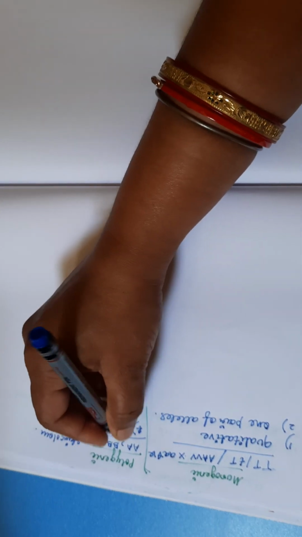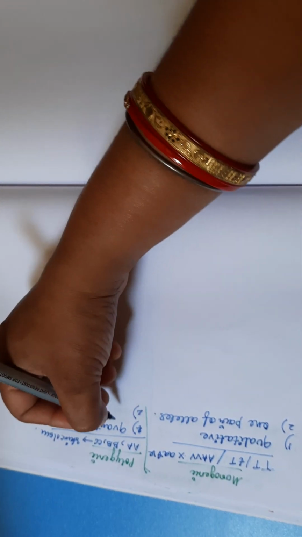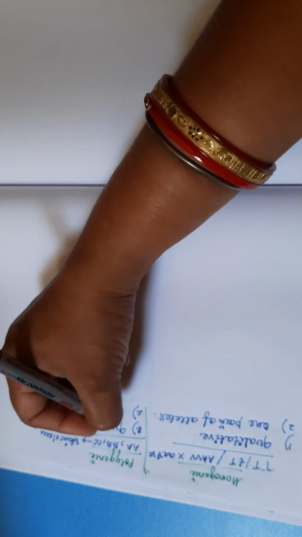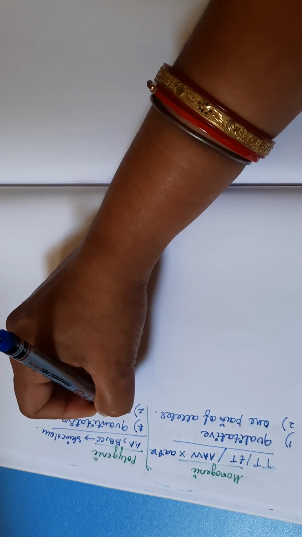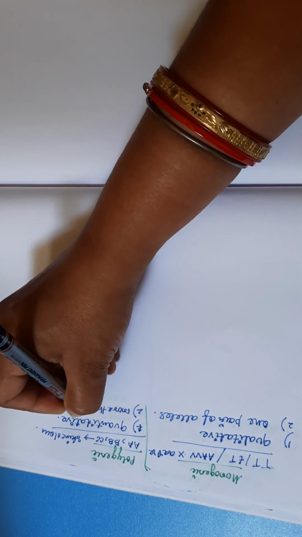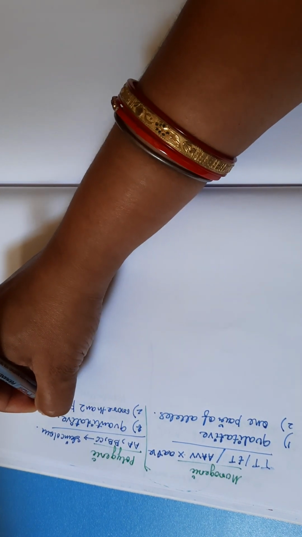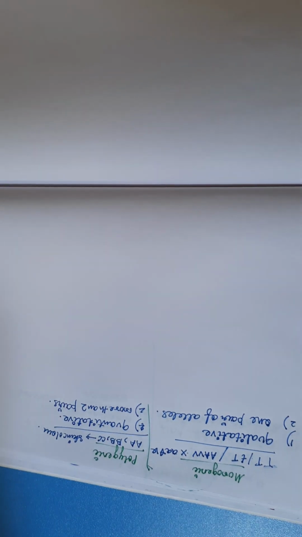But in polygenic inheritance, it will always concern the expression of a character controlled by generally more than two pairs of alleles. Like in human skin color, we have seen it is three allelic pairs controlling the expression of the single phenotype. In kernel color in wheat, you will find there are two pairs of genes which control the phenotypic expression of a single type.